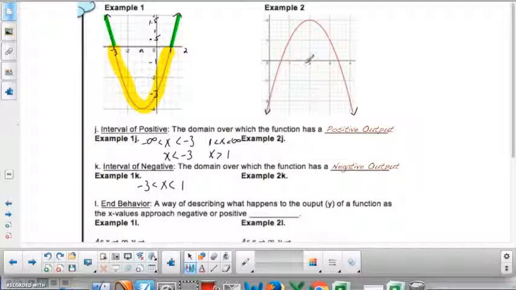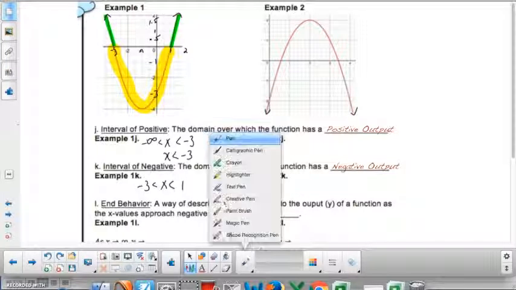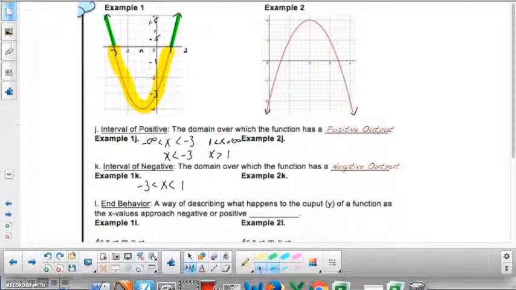Over here, we're going to do the same thing for this example. We're going to look at our intervals of positive and our intervals of negative kind of in tandem. So first I'm going to highlight again. This thing is negative all along here, and then it starts being positive for a while and then becomes negative again once I hit that x-axis again, and it continues down forever.